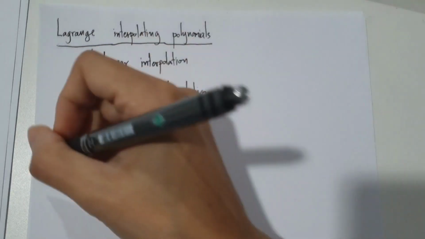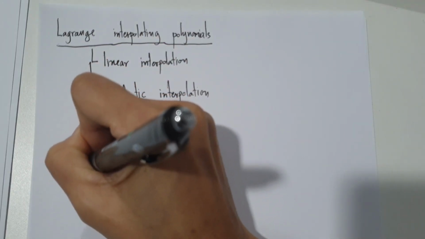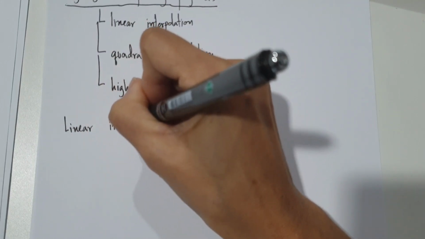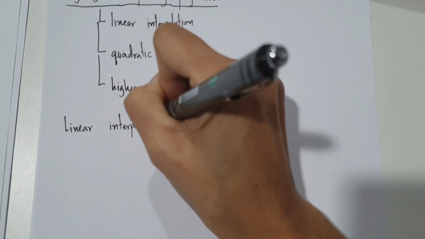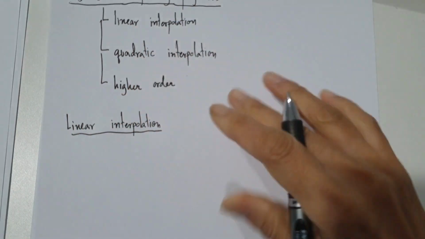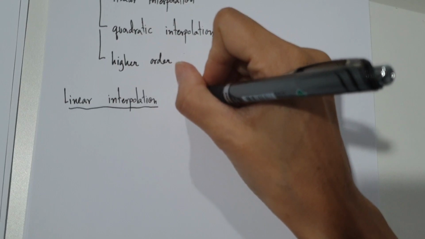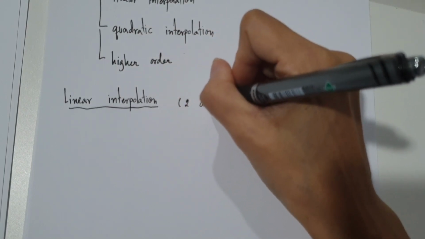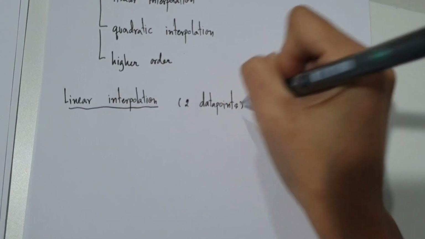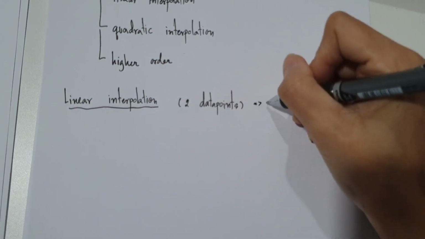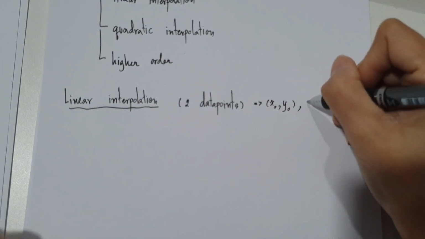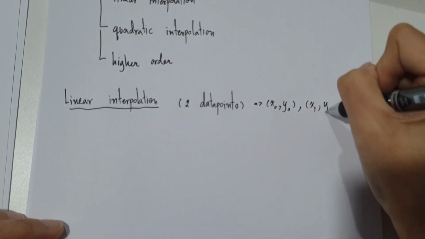Okay. So if we start with the linear interpolation, what we want is two data points, which are x0, y0, and x1, y1.